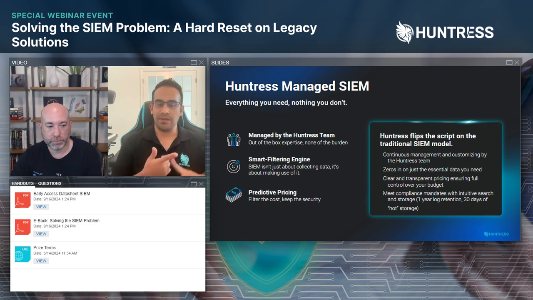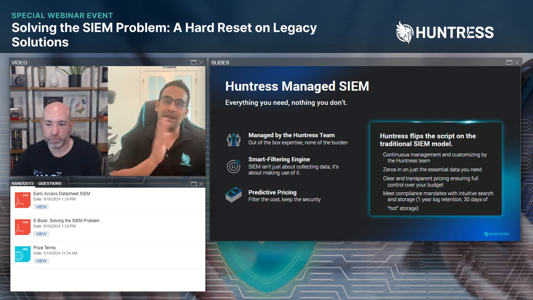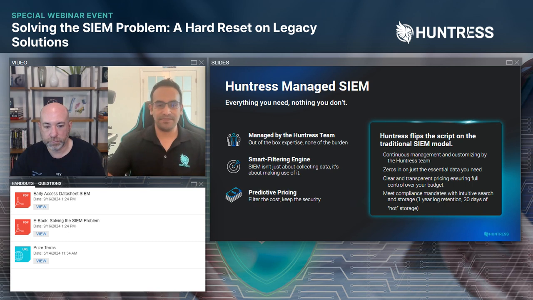It's too complex, so we're going to manage it for you. It's too noisy, so we're going to do smart filtering. And it's too costly, so we're going to do predictable pricing. So, I said those would be coming back, and here's where they come in. Those are the three key components that we want to drill on and make sure we're addressing for our customers. Anything to add there, Seth?